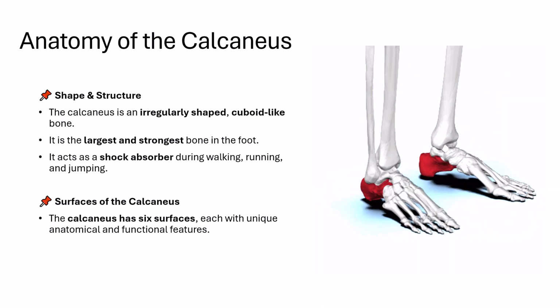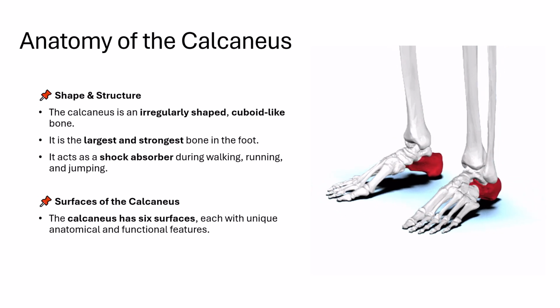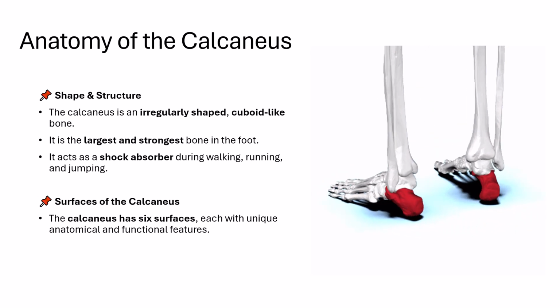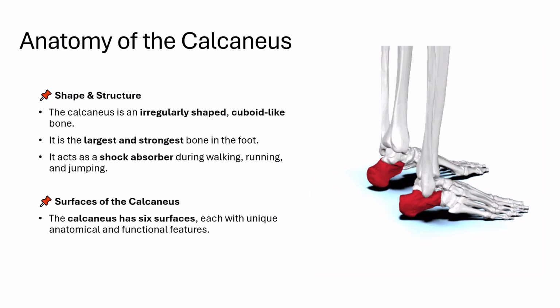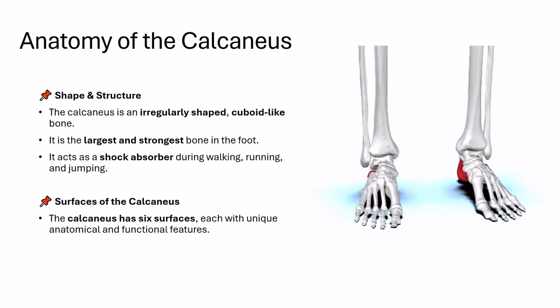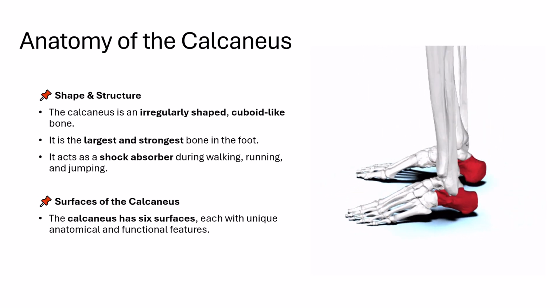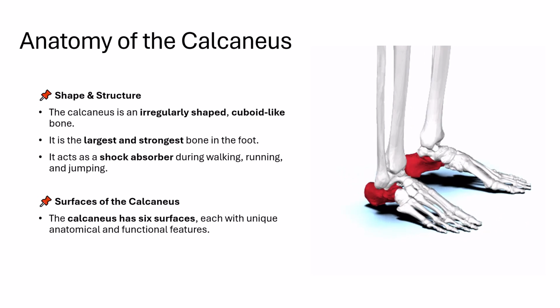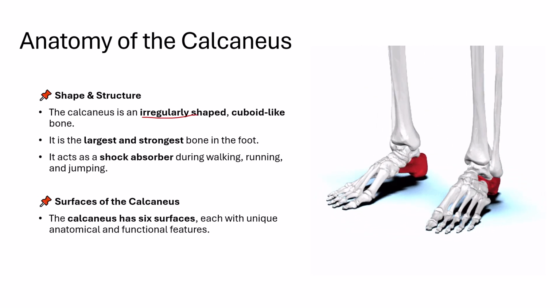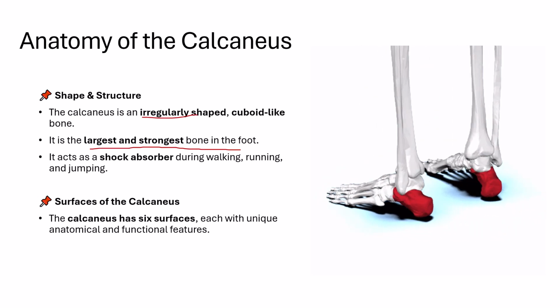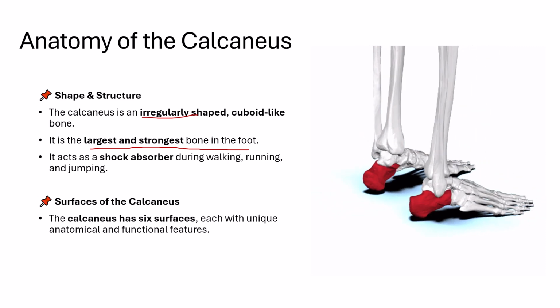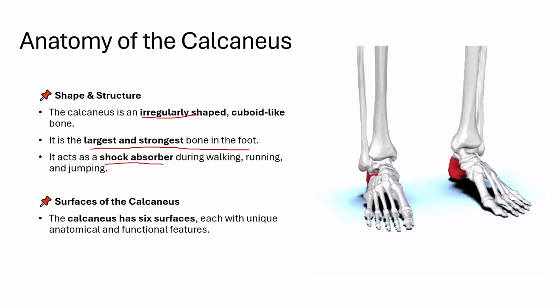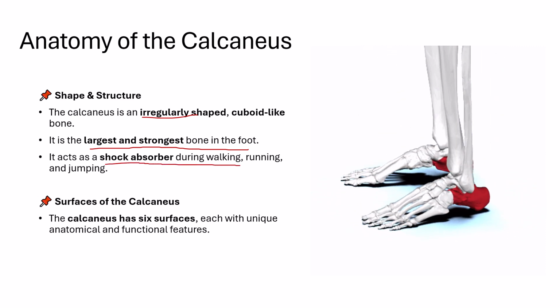When we talk about the anatomy of the calcaneus, it is an irregular shaped, cuboid-like bone. It is the largest and the strongest bone present in our foot, and it acts like a shock absorber during walking, running and jumping.